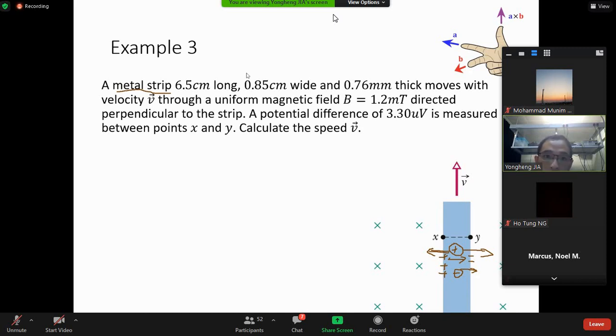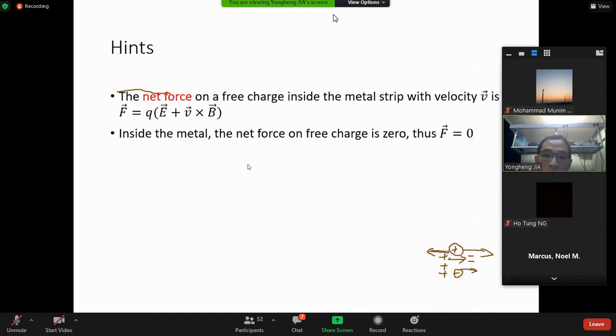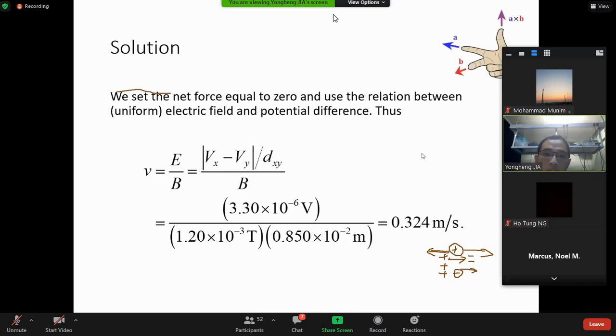Now we need to calculate the speed. It's quite easy. Here, we just need to set the net force equal to 0. Then we can calculate the V. Again, V is a vector. After you calculate the magnitude, you should always tell the direction.